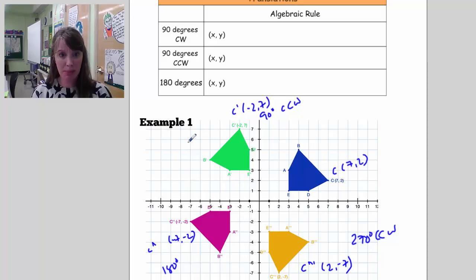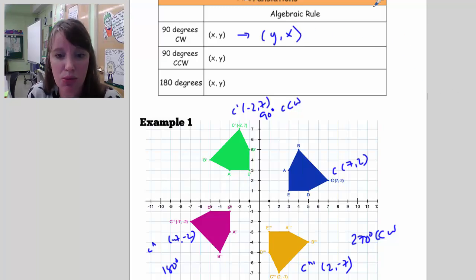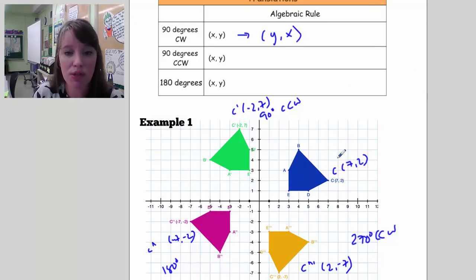Okay, now what happens with a 90-degree rotation? We've said this before, that the x and y switch. So it becomes (y, x). Now let's see what happens with the sign. If it's a clockwise rotation, let's say from here to here, if we presume that this was the pre-image and the yellow was the image, what happens with the sign?